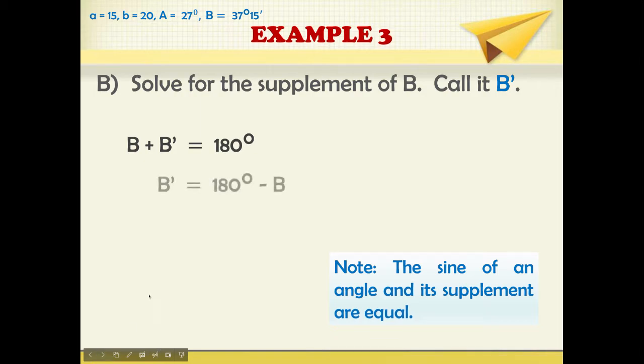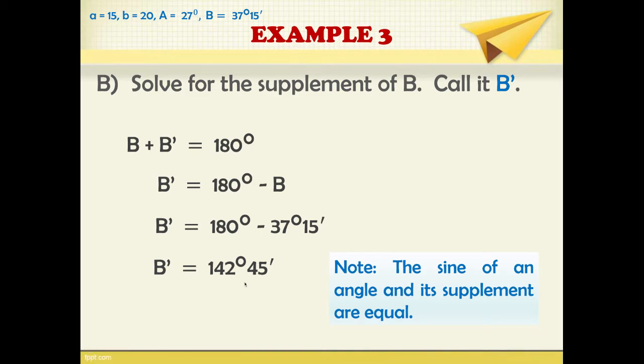So, B prime will be equal to 180 degrees minus B, which equals 180 degrees minus 37 degrees 15 minutes, or 142 degrees 45 minutes.